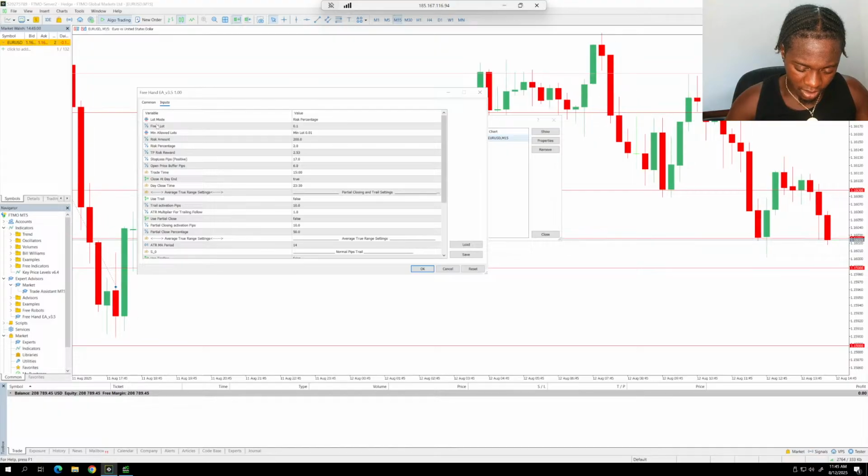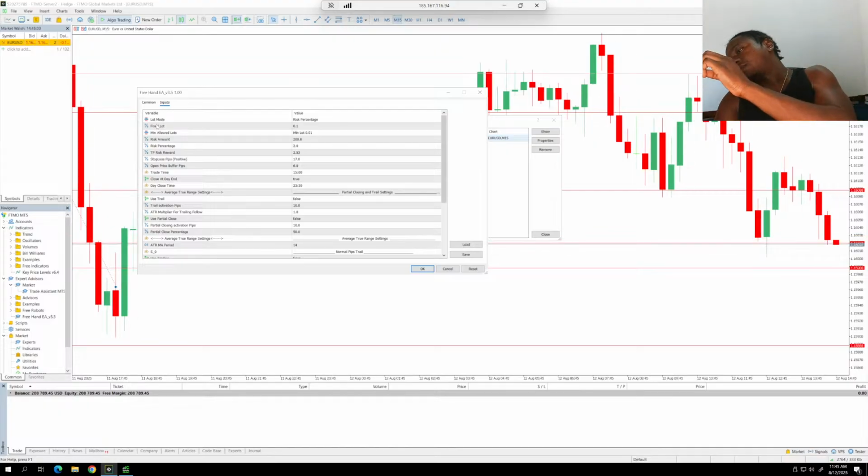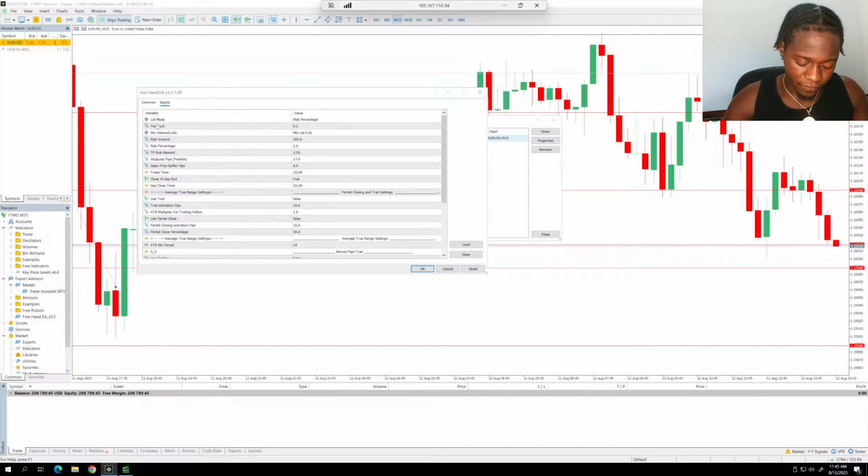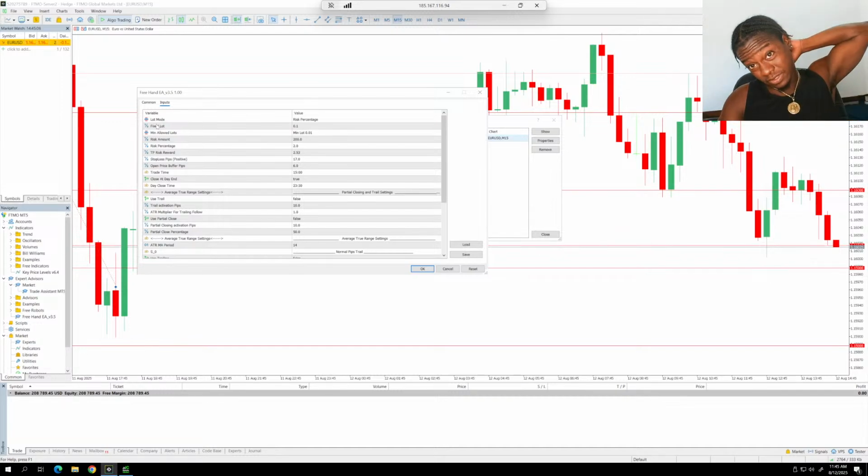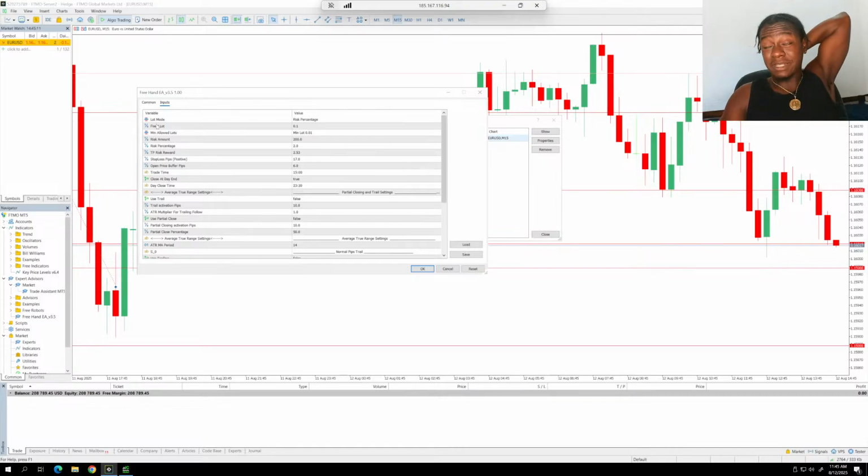So what, $1,000? I think that's 45 pips. Let me get off of that. What am I risking? Let me risk 1,500, guys. I risk 1,500, divided by what my stop loss is gonna be.